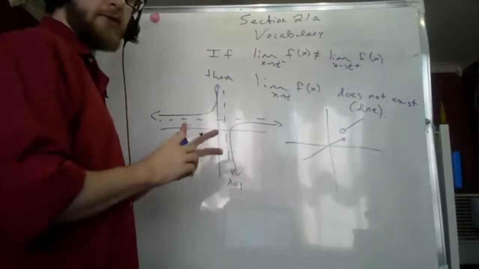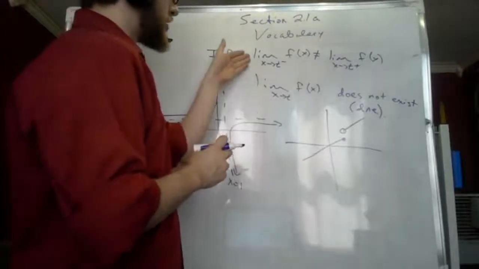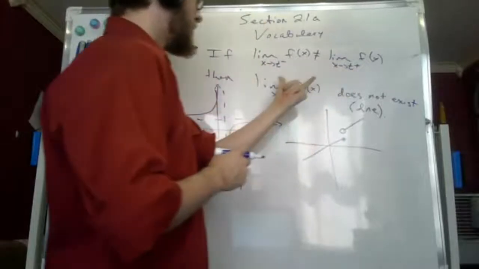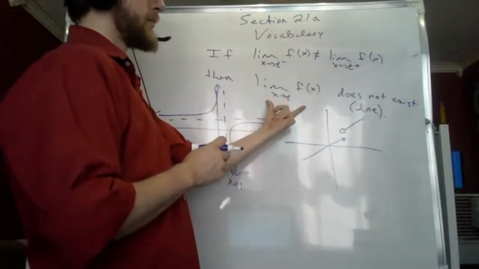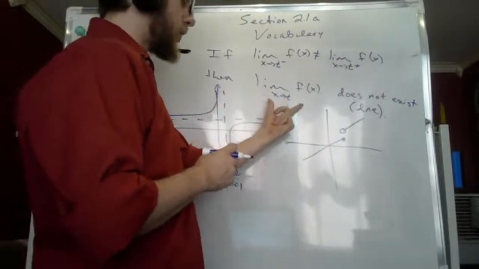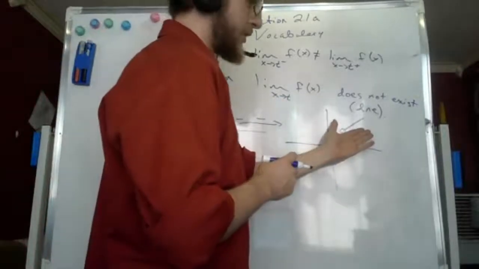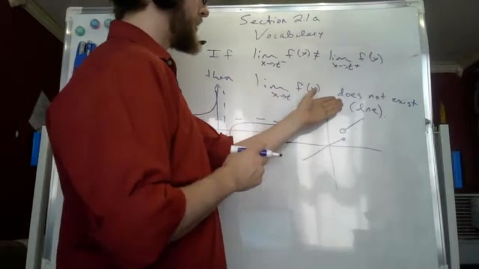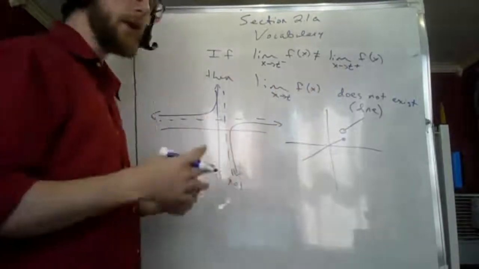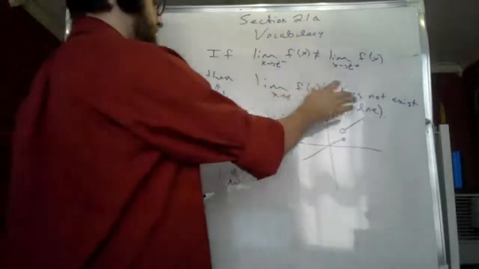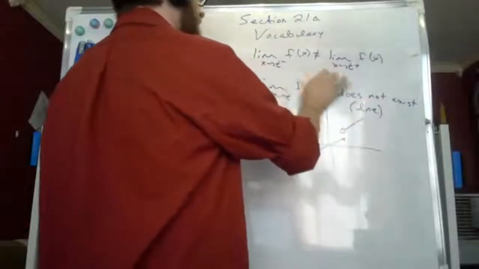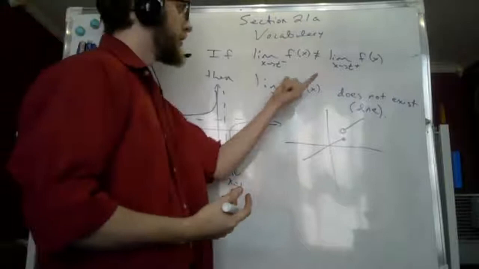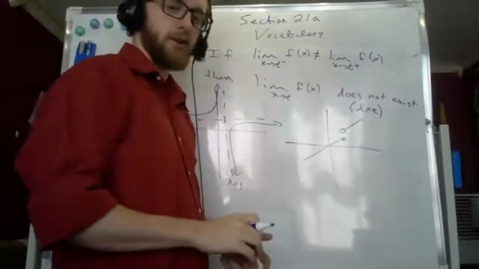So you need to be careful and differentiate between what does it mean to take the left-hand limit, the right-hand limit, but what is the actual limit? The actual limit requires that the left and right-hand side agree. If they don't agree, then the limit does not exist. But keep in mind that if the limit does not exist, you might still be able to find the left and right-hand sides. They just may not agree.